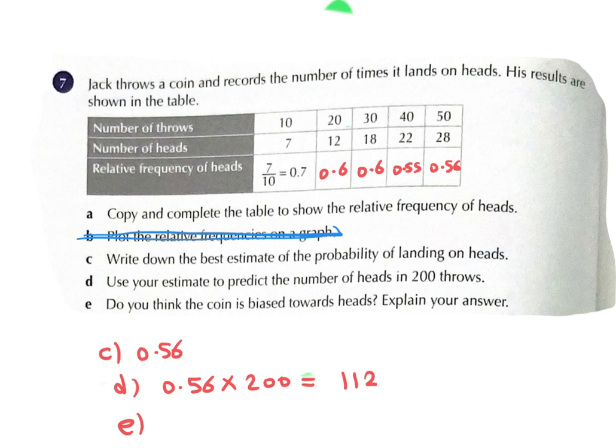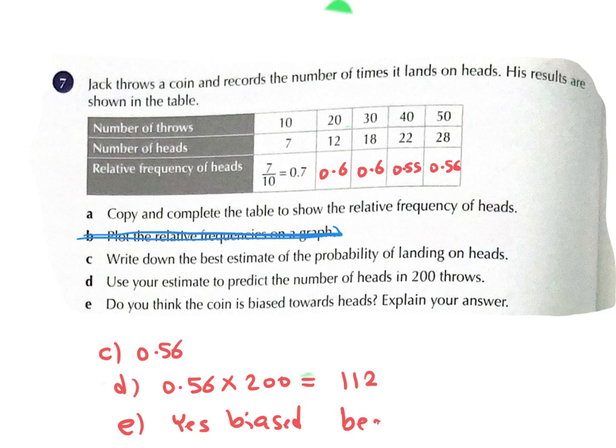So 0.56, I can consider this not close to 0.5. So do you think the coin is biased? Yes, biased. Why? Explain your answer.